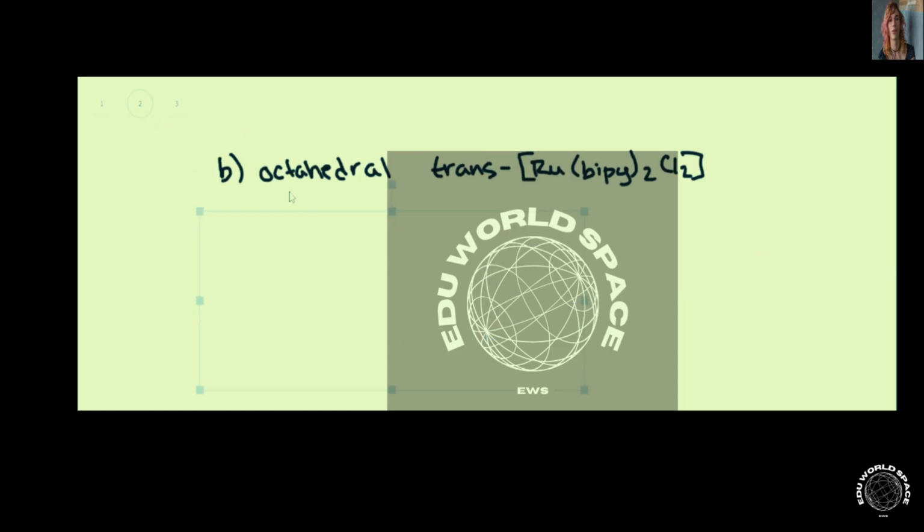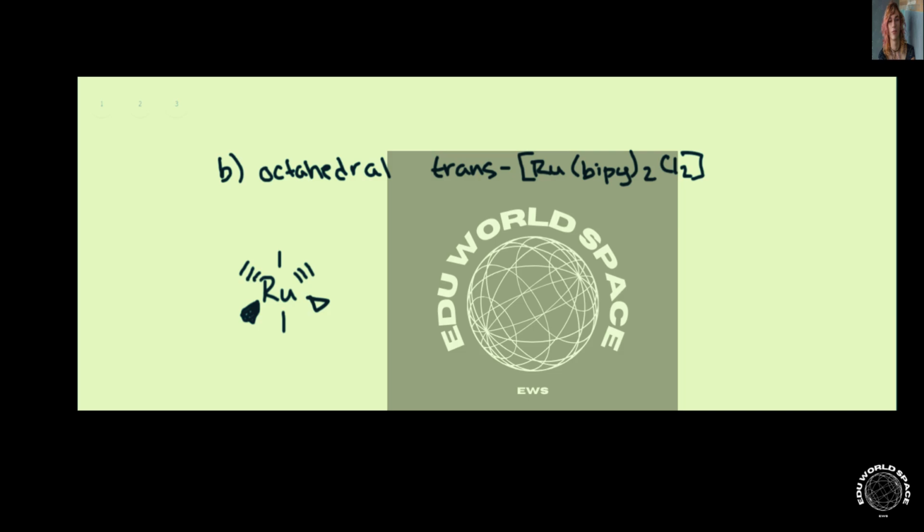For part 2, we have this octahedral trans complex, where if we draw this, we start with the Ru down, and then we have one at us, and one away from us, coming out at us.